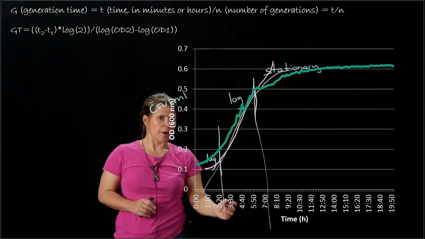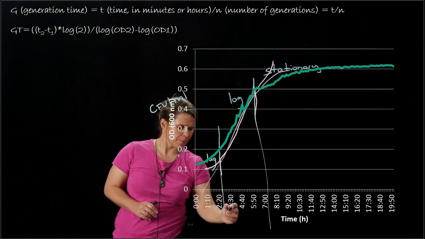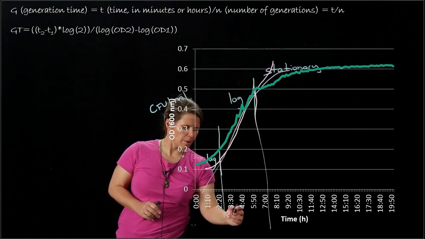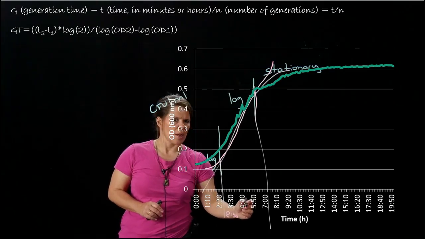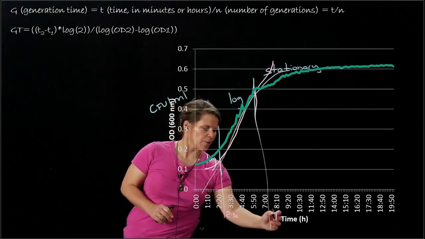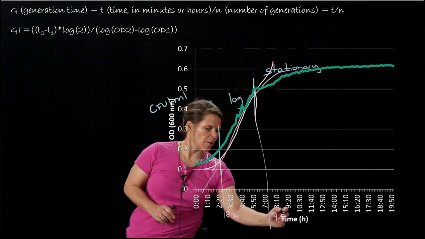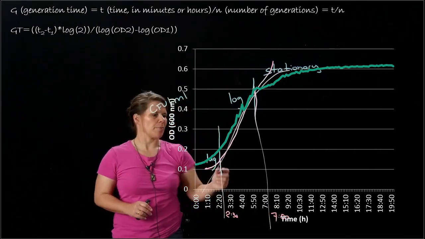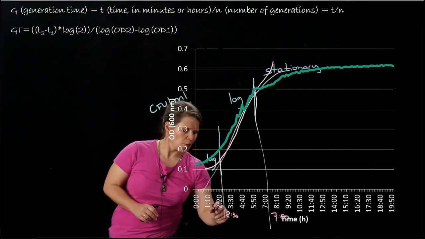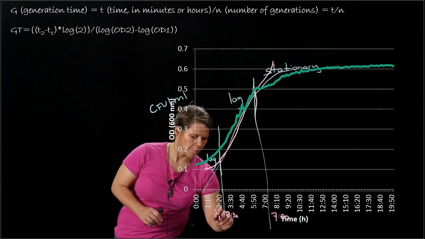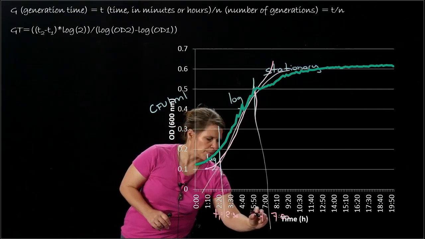So you can see about 2 hours and 30 minutes, 2.5 hours, and then at about 7 hours the steepest part is over. So this is your T1, and this is your T2.